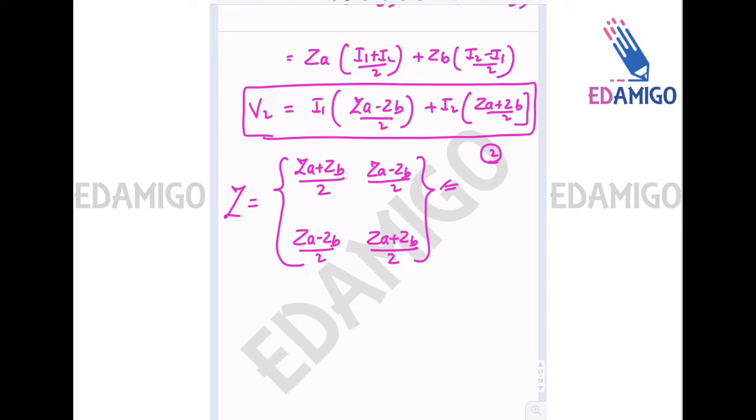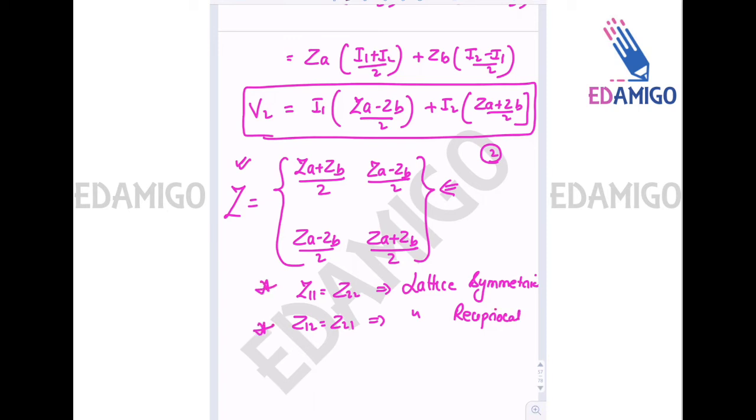So this is the Z matrix of the lattice circuit. So this is the whole method, and you can learn the method and you can learn the result also. And one very important thing is, since Z11 is equals to Z22, so lattice circuits are always symmetric, and since Z12 is equals to Z21, so lattices are always reciprocal.